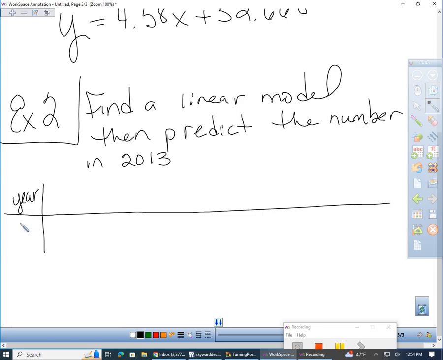This is actually going to be problems 12 through 14. Let's say this is the year now.